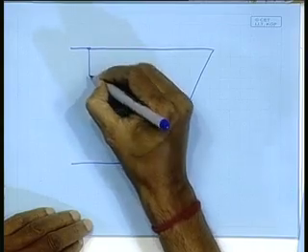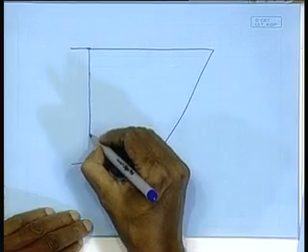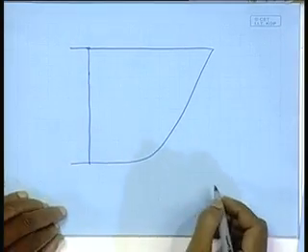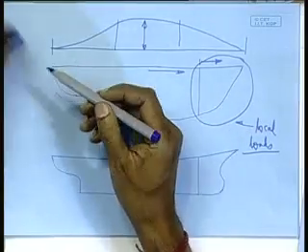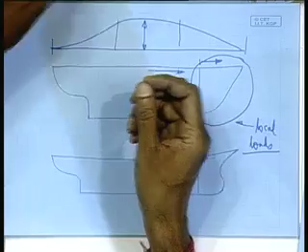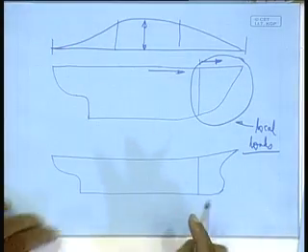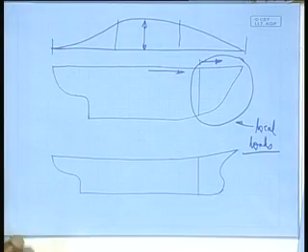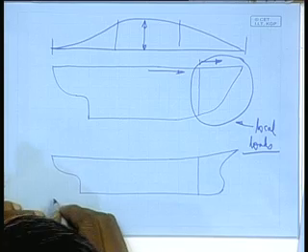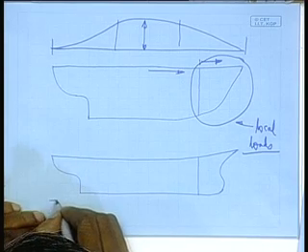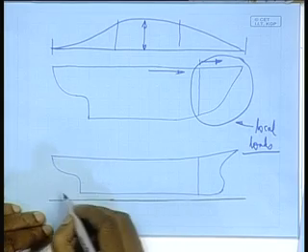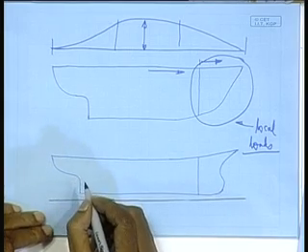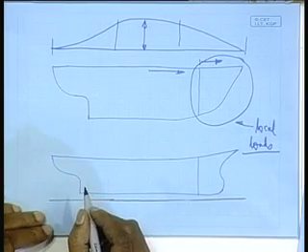So, what are the salient features of this forward end construction? One of the salient features is, in ship construction, the primary frame of reference is the so called frame spacing, right.